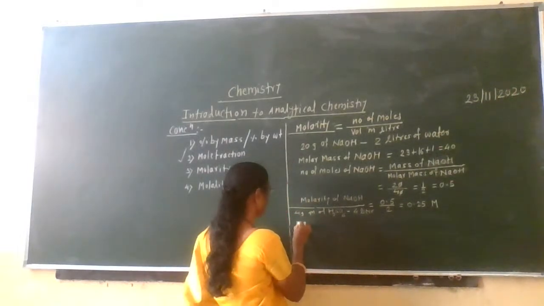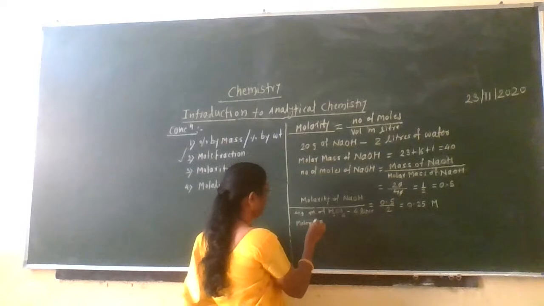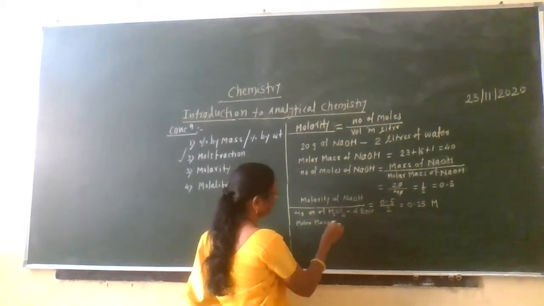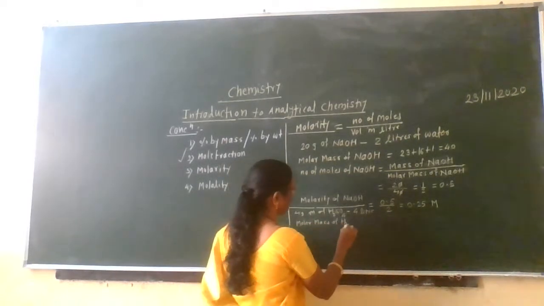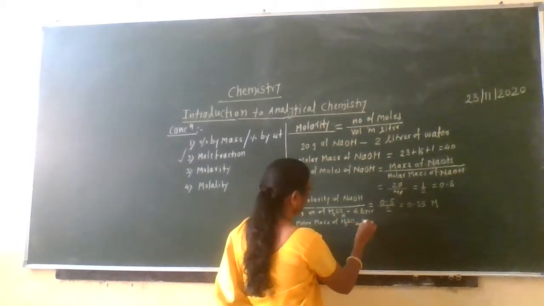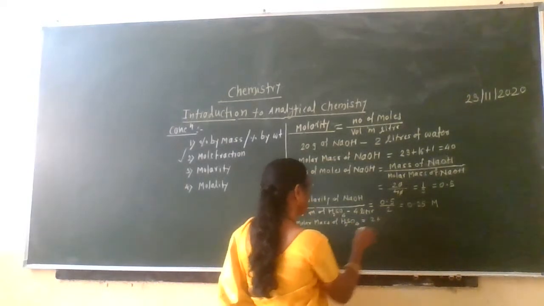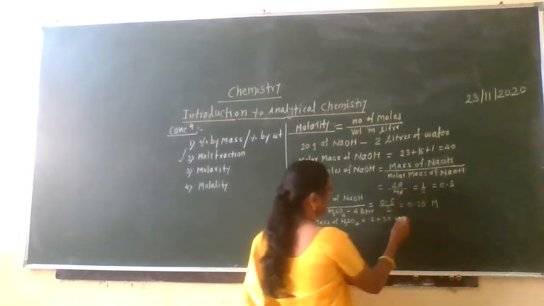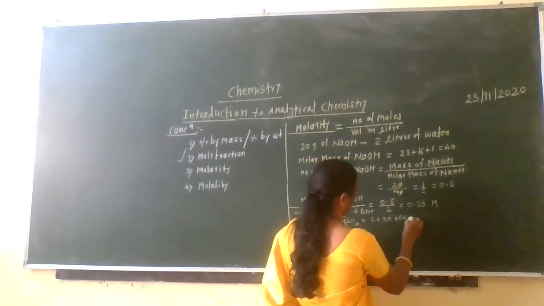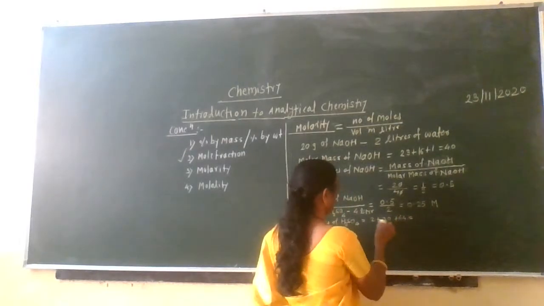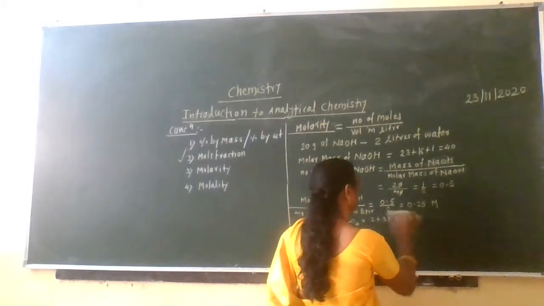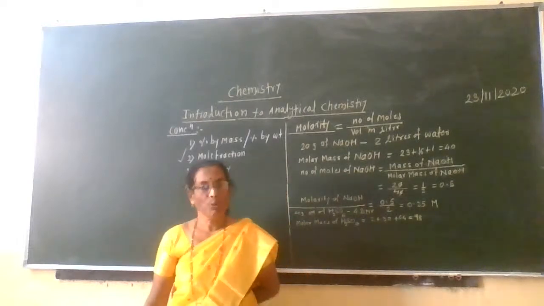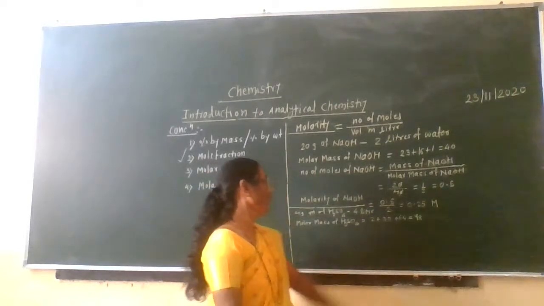According to the formula, H2 is 2, plus 1 sulfur is 32, and there are 4 oxygen, therefore 64. When we add, that is 98. 98 is the molar mass of sulfuric acid.